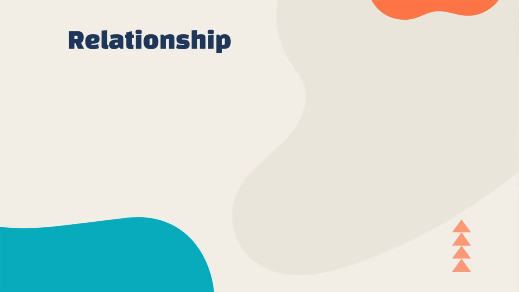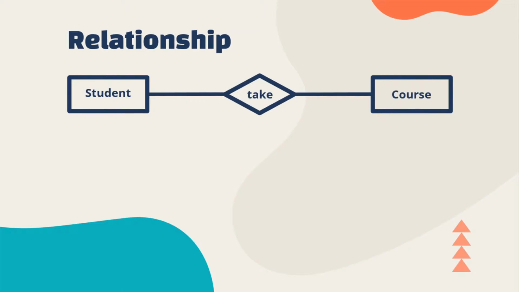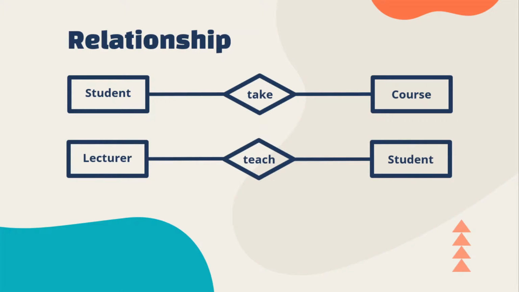The example of relationship between two entities is as follows. Student entity and course entity have the relationship take, so each student can take many courses. The other example is the relationship between lecturer and student. Every lecturer can teach many students.